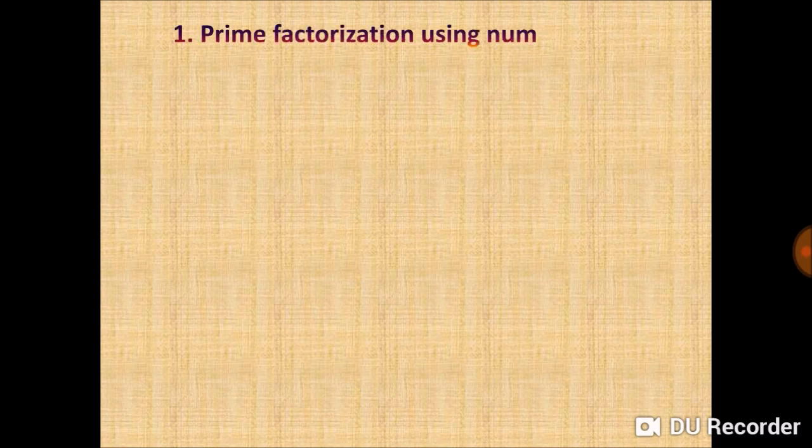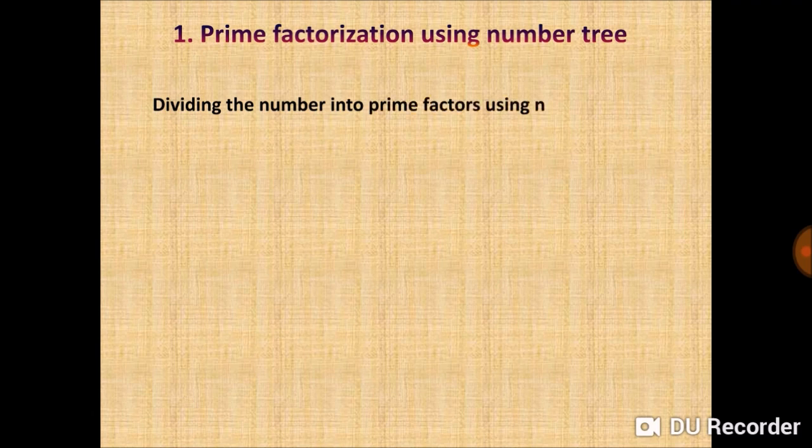So prime factorization using number tree. Here dividing the number into prime factors using number tree means actually using the same number tree. Here we are going to get the prime numbers and I am factorizing the number into prime numbers.